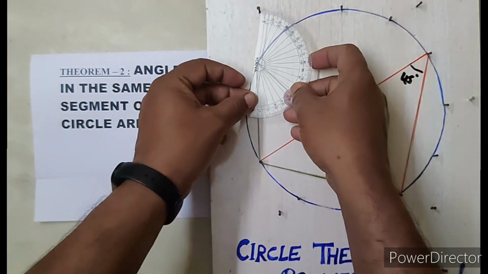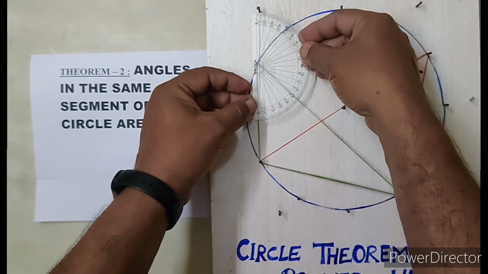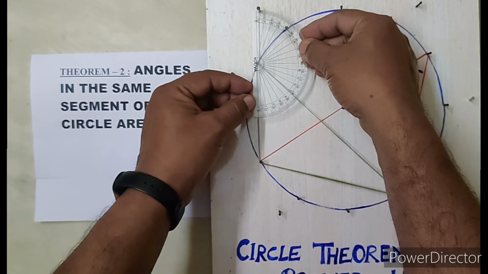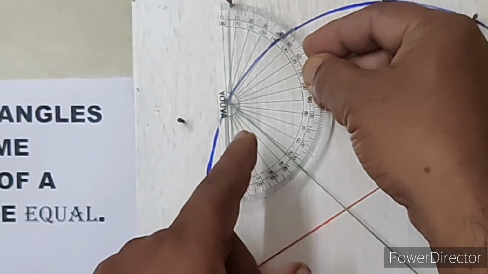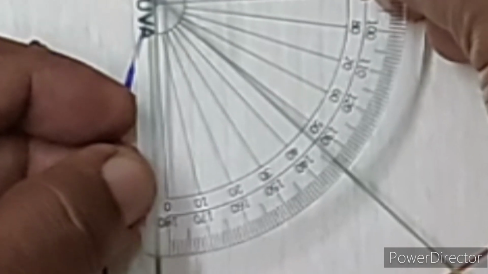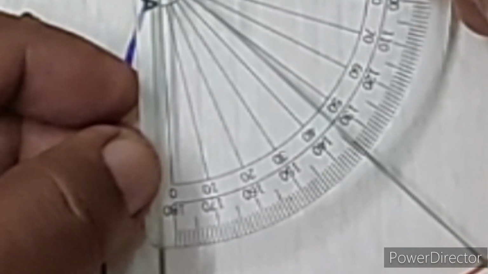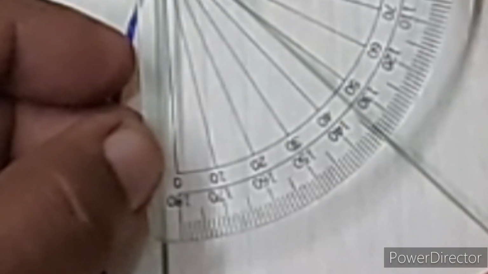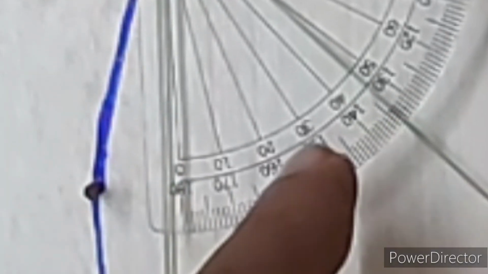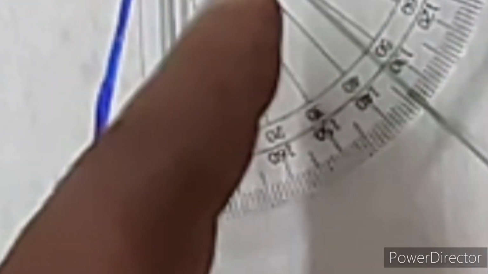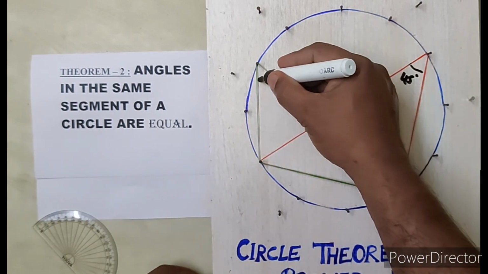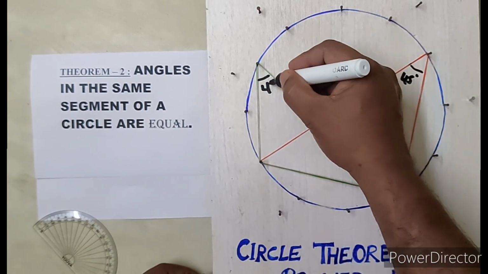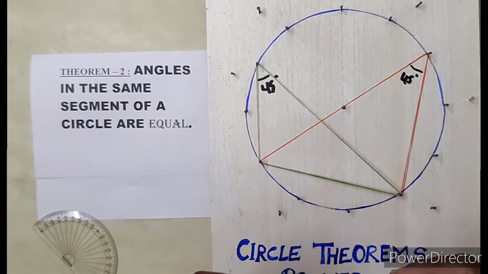So if I measure this angle, here also you can see I am getting 40, 50, in between, so 45 degrees. So the angles are coming the same, 45 degrees.